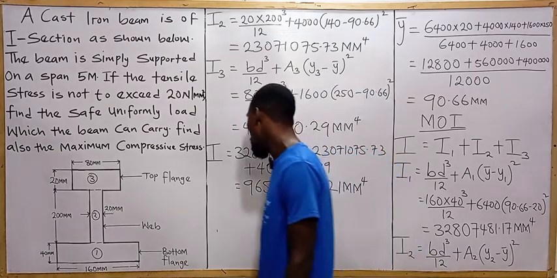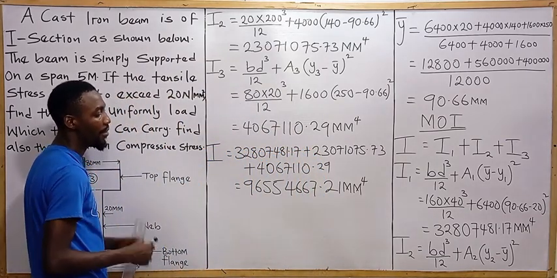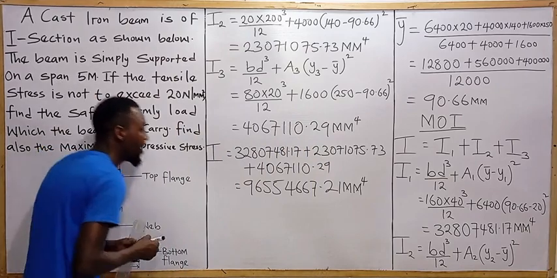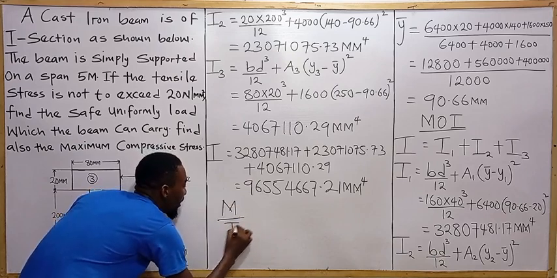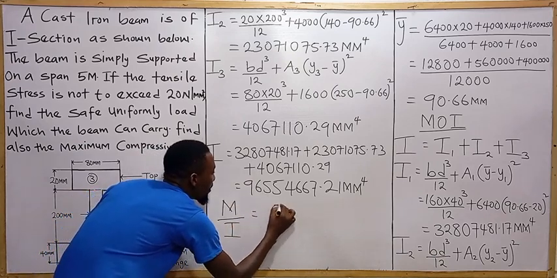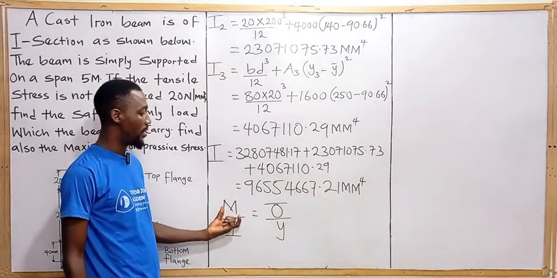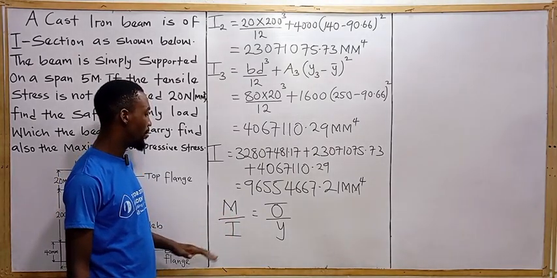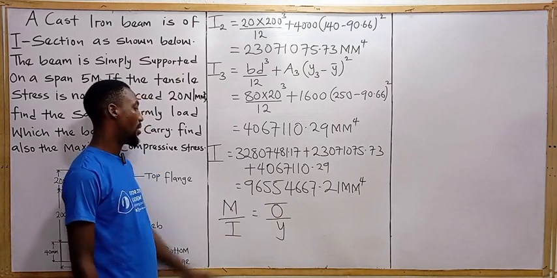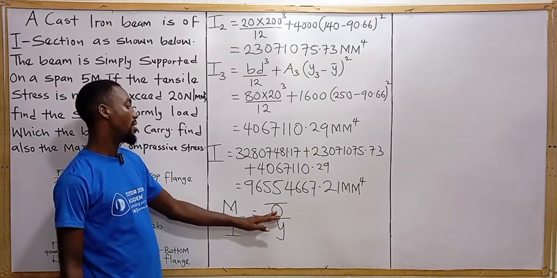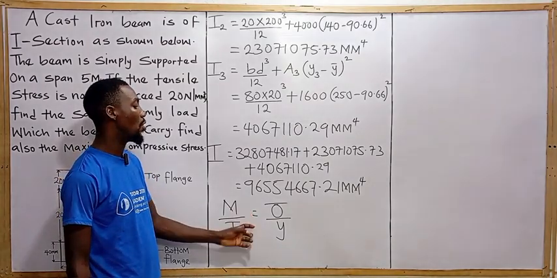All right, so before we do that, you are going to recall carefully from our flexure equation that M over I is equals to stress over Y. We are going to make our maximum bending moment the subject here. Our M here is our maximum bending moment. Our I is the moment of inertia. Our stress here is our maximum stress, which can be tensile or compressive.